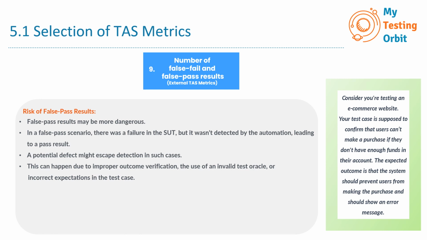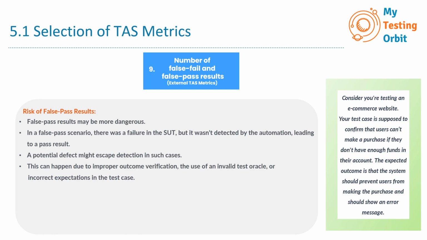Your test case is supposed to confirm that users cannot make a purchase if they don't have enough funds in their account. The expected outcome is that the system should prevent users from making the purchase and should show an error message. Okay, now let's see in this scenario where the false pass results can sneak in.